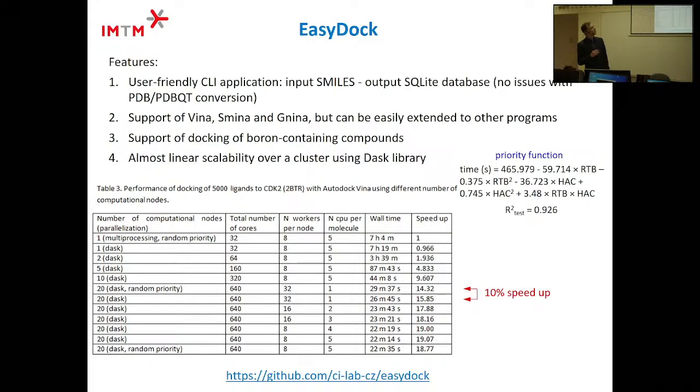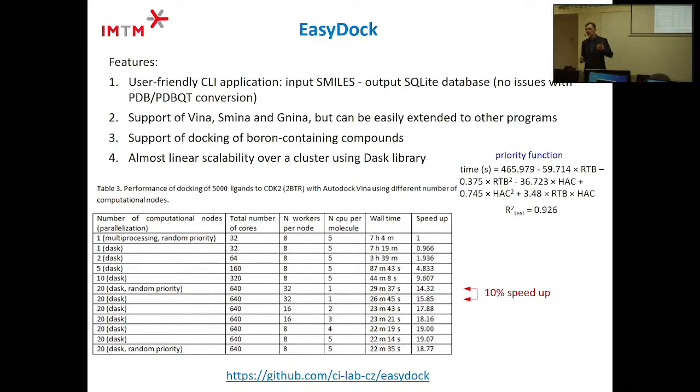We also enabled support for docking of boron-containing compounds because one of the groups suggested exclusively boron-containing compounds as binders of this protein. Since after the first stage, organizers asked us to rank compounds of all other groups, anonymously of course, we had to somehow handle these boron-containing molecules.